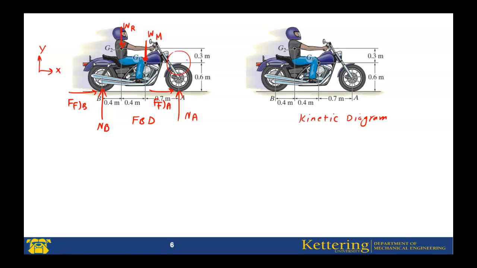If it is doing a wheelie, the front wheel will be in the air. When it's in the air, this is 0. Also, because the front wheel is free to roll, this one also will be 0.